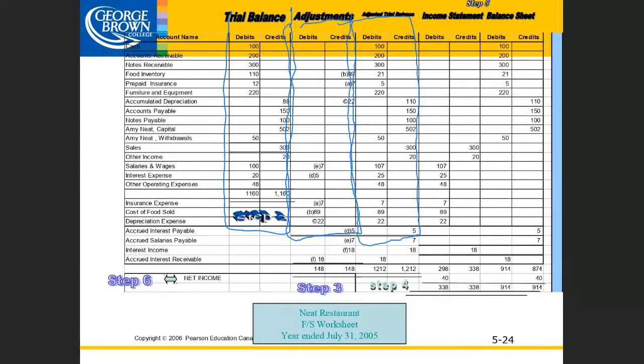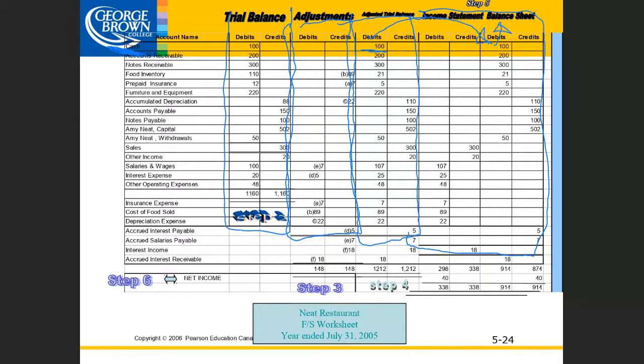And then you can create your financial statements by moving the appropriate balance to the column. For example, right here is cash, which is a balance sheet account. The ending balance on it was $100 debit, and it was transferred to the debit column of the balance sheet column. But we'll get there. We're going to do an exercise of this.